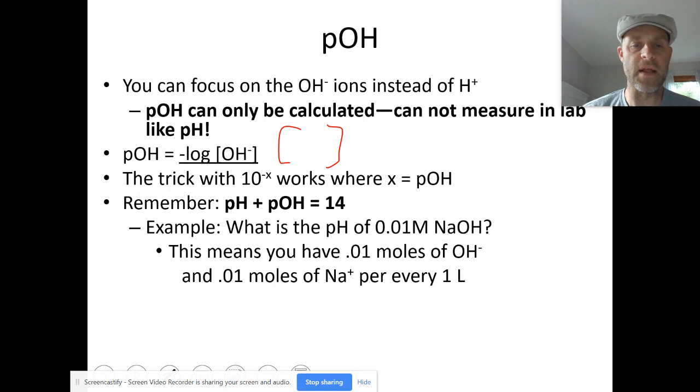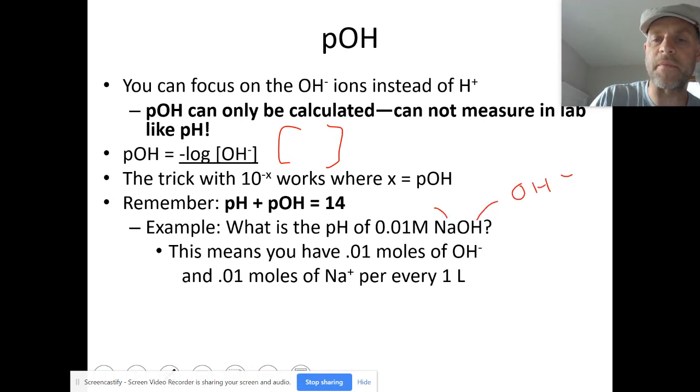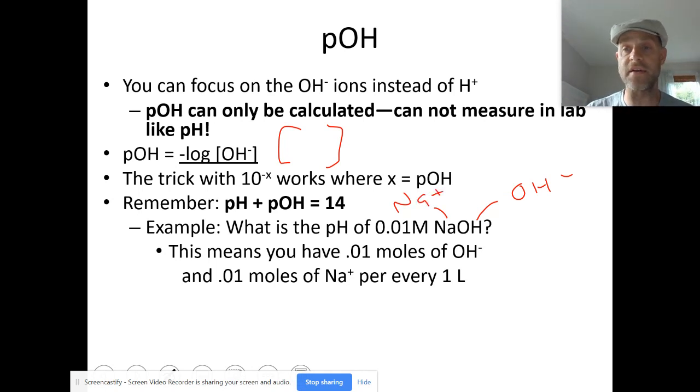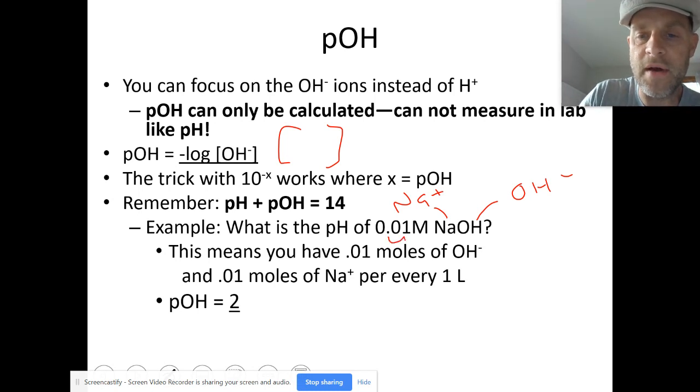So for my example, say I give you 0.01 molar NaOH. That means these break down into OH minus and Na pluses, since this is an ionic compound. Notice that there are no H pluses, so this isn't an acid, it's a base. If I have 0.01 molar, how many spots is that? 1, 2.